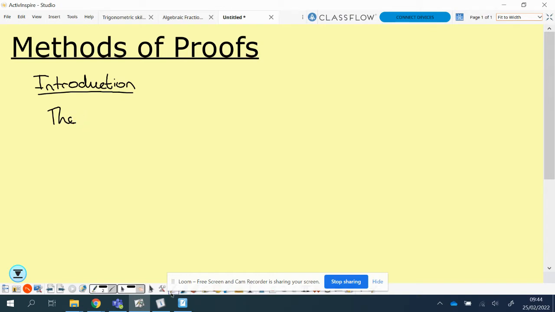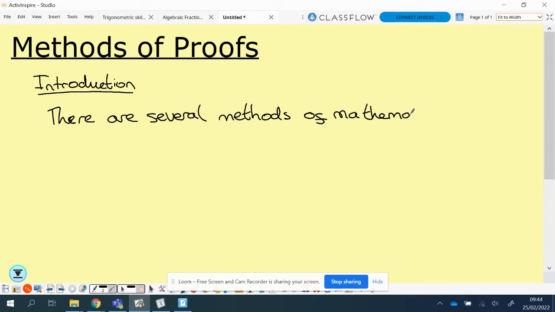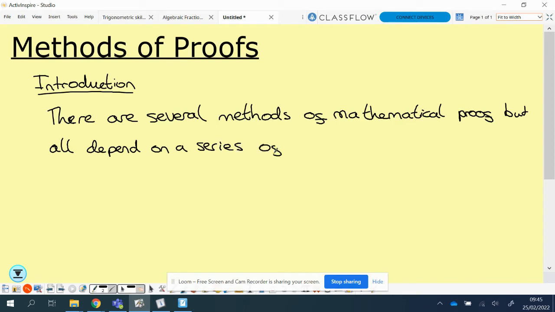So there are several methods of mathematical proof that all depend on a series of logical steps.